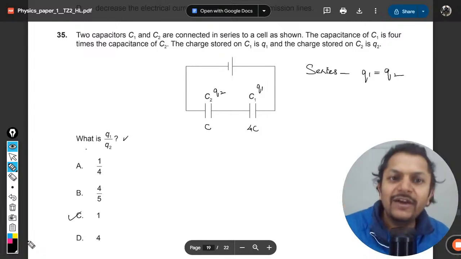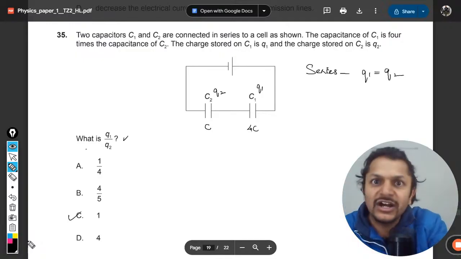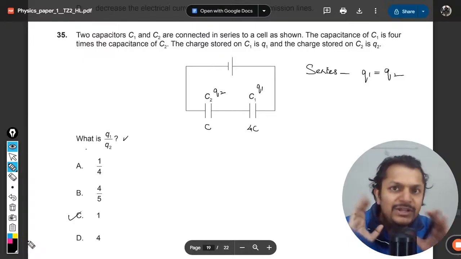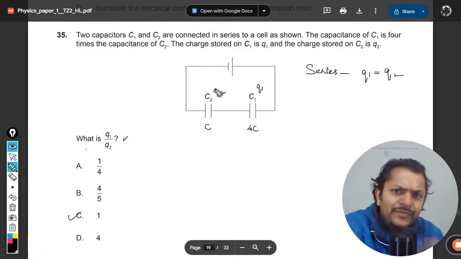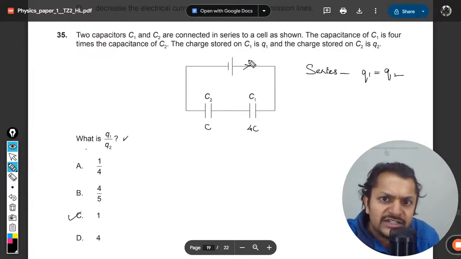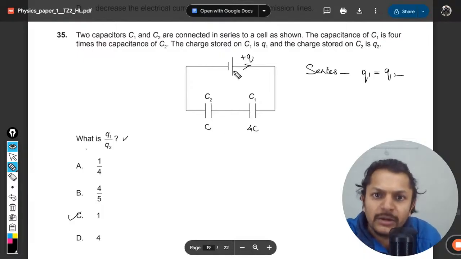But let me have this opportunity to explain what is actually happening in series combination, why the charges are the same, and what is happening in parallel. Please listen to this. Let us say that Q positive charge is coming from the battery.